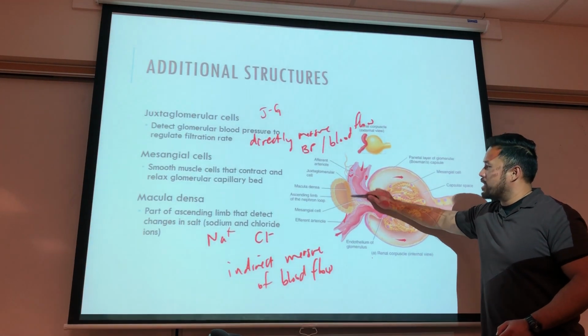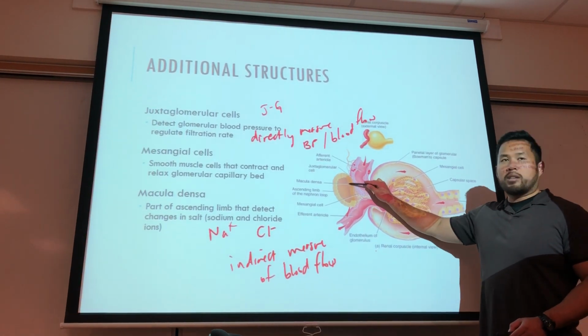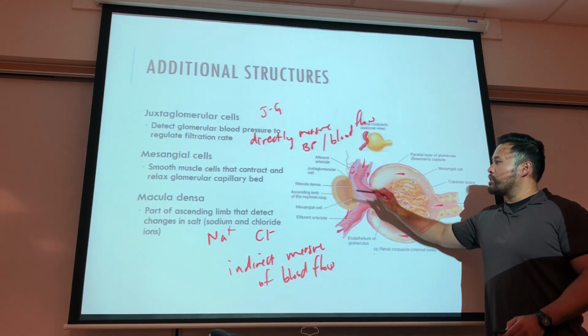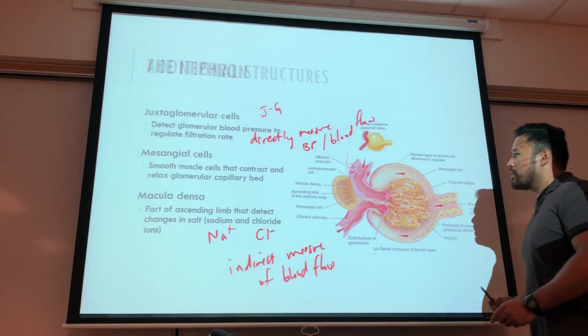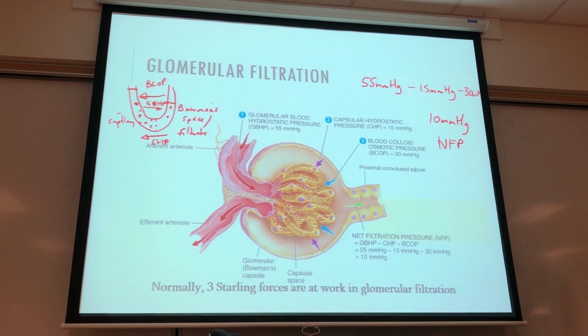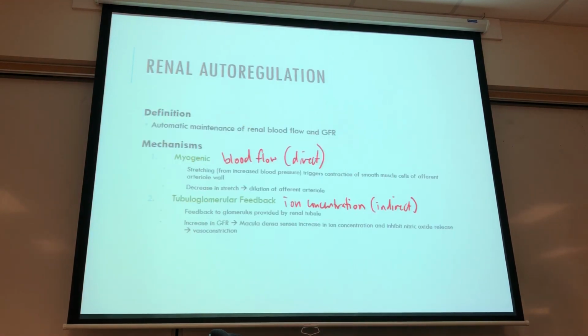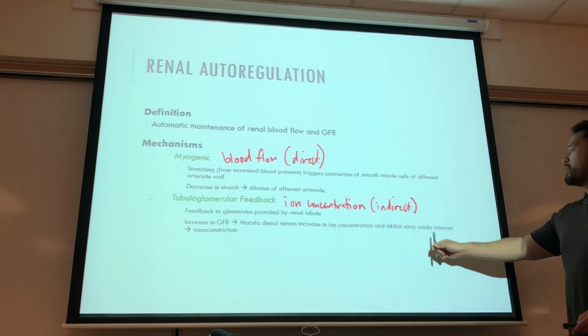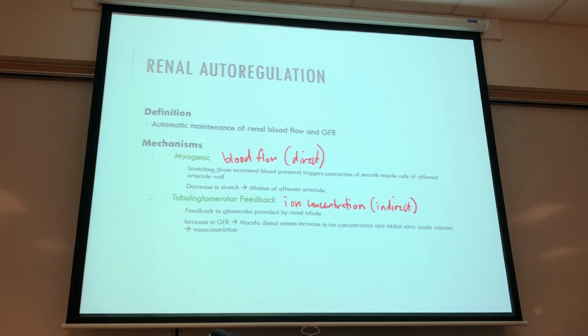This section right here has these macula densa. The macula densa have these chemoreceptors that detect the salt concentration. And if the salt concentration is off, it can come in and cause vasodilation. And the vasodilation is provided by nitric oxide.